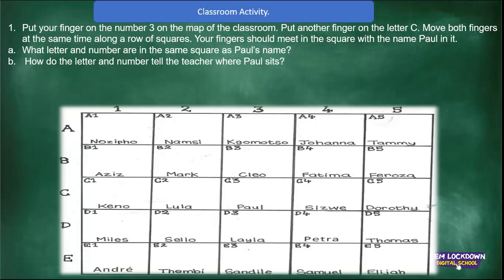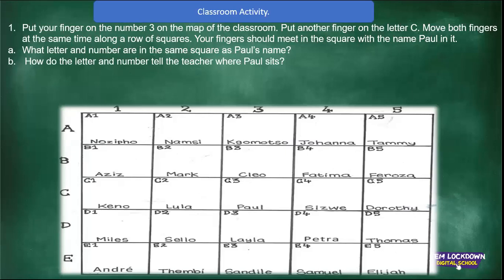I think the teacher knows by looking at the numbers. By looking at the numbers. Yes, ma'am. Thank you very much. Zoe? I think his teacher can tell where he's sitting because in his seat he's by C3.